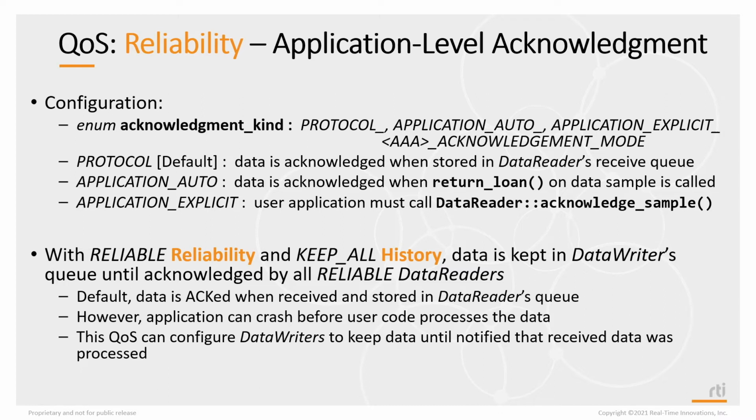But just because it's been stored and received in the data reader queue doesn't mean the user application actually saw the data or has processed the data. It's possible the application crashes before the user code can actually get access to the data. So using this QoS, by setting application auto or application explicit, you're configuring the data writers to keep the data until it's been notified that data was processed by a data reader.